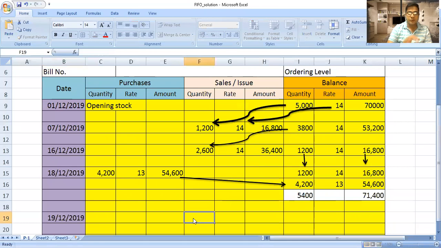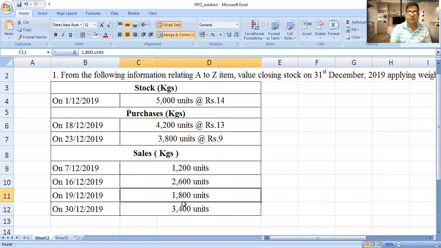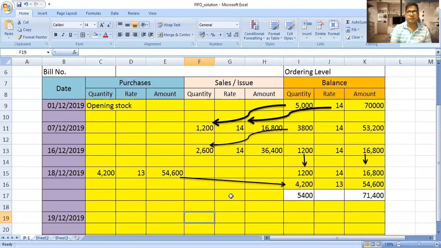The sold transaction we have to write here. Now, how many units do we want to sell? 1,800. Now we have to apply our method, first in, first out. Those units first, such units we have to sell first.